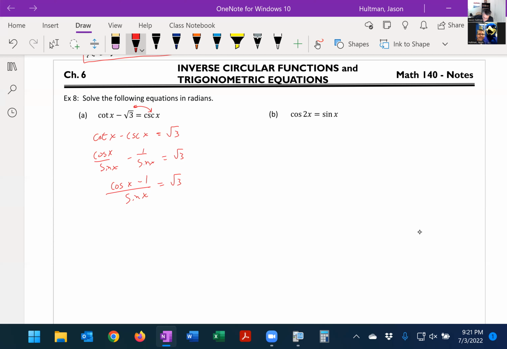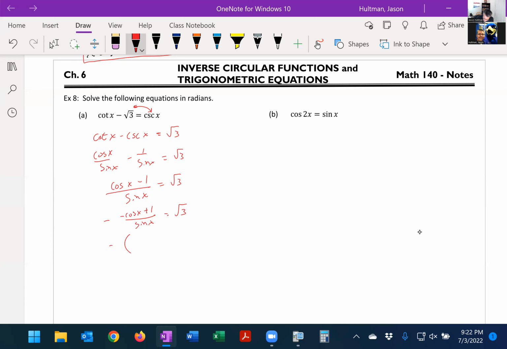Okay, so if I were to factor out a negative on the top of the fraction here, from the cosine x and the negative 1, I would end up with negative cosine x plus 1 all over sine x. And there's a reason I'm doing that.